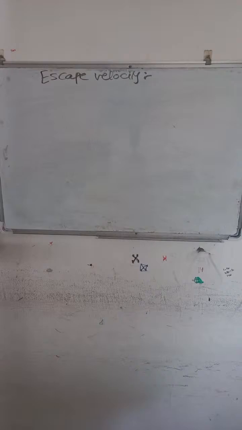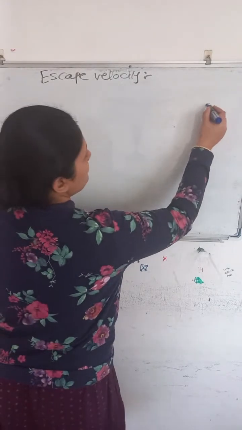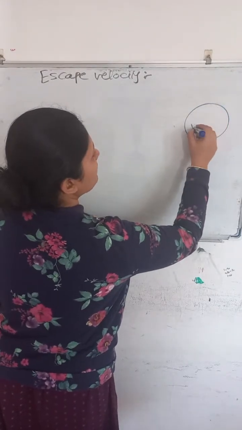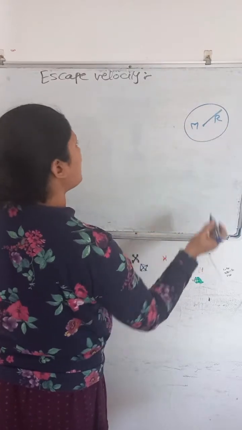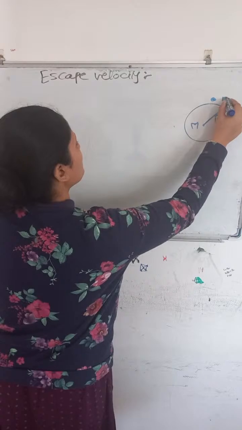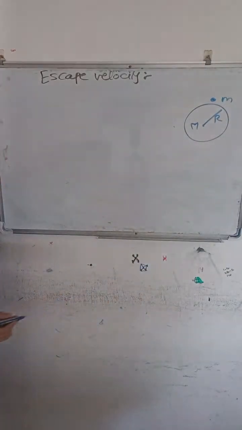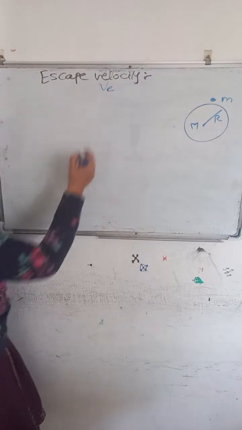That speed or velocity is called escape velocity. Again here we are taking the surface of the earth, with mass of the earth M and radius of the earth small r, and the mass of the body is small m. Escape velocity we are denoting by the letter v sub e.